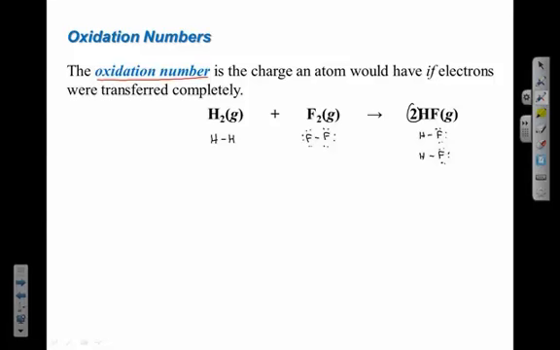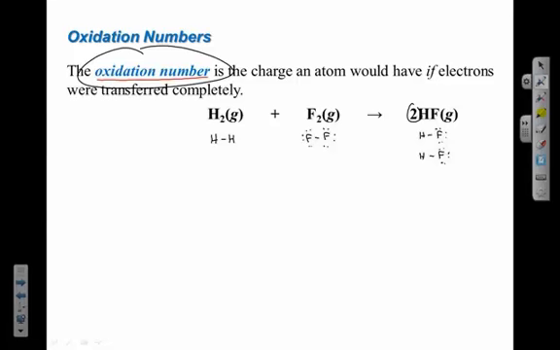They allow us to determine which substance is being oxidized, which substance is being reduced. And this is also valuable because it involves an exchange of electrons, and I could use this reaction to run a battery if I wanted to as well. So we have to talk about oxidation numbers because you have to be able to recognize what the oxidation numbers are if you want to predict whether an oxidation is occurring or whether a reduction is occurring.